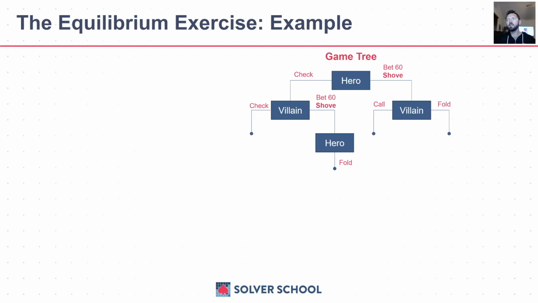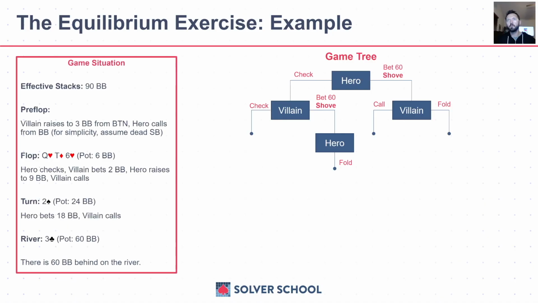If the hero checks, now the villain can either shove for 60 blinds or check. And if the villain then shoves for 60 blinds, the hero's only option here is to fold. So again, not a super realistic scenario, but it's a scenario that we can actually work through and manage the math on our own without having to open up a solver to do so.